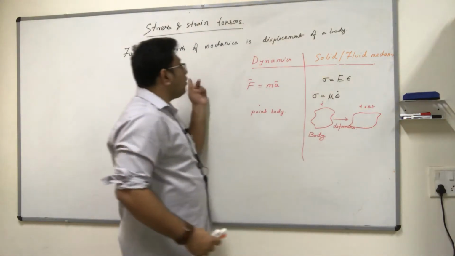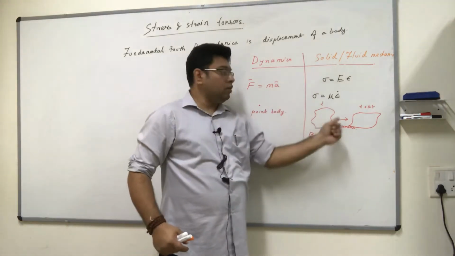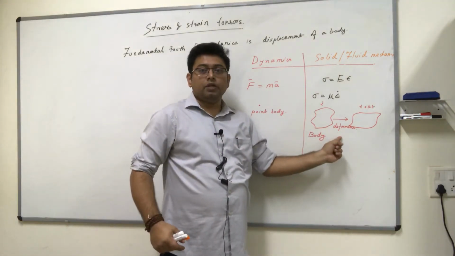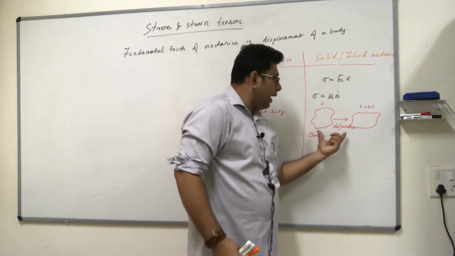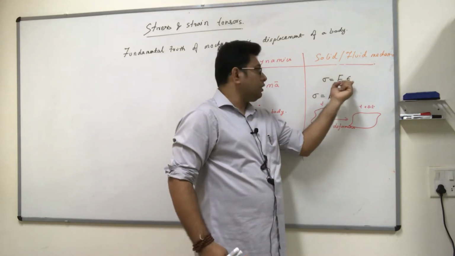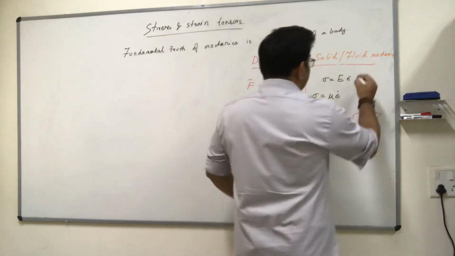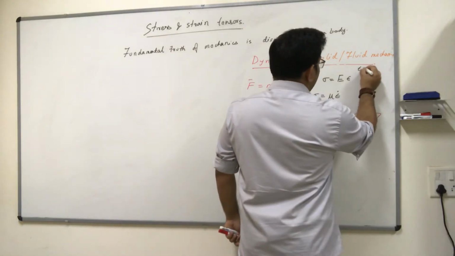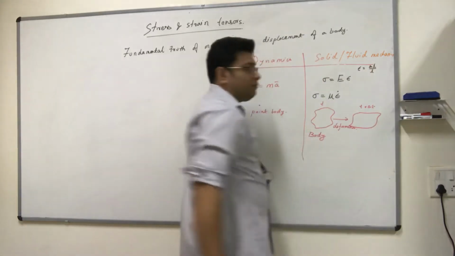So how you are going to keep a tab on this displacement is now going to change in fluid and solid mechanics. And in solid mechanics, we are mostly concerned with displacement, which is epsilon. I mean, it's a form of displacement. So if you remember the very simplistic idea, we used to define epsilon as delta L by L, if you remember.